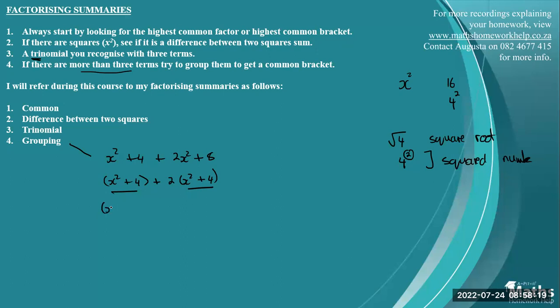So if I take out a common bracket, this would be a 1 plus 2. That will remain, and I can write it like this. You can't do difference between 2 squares there because that's a plus. If it was a minus, you could apply difference between 2 squares.